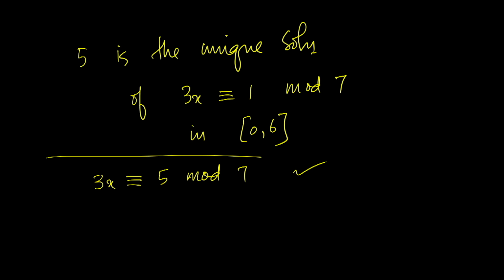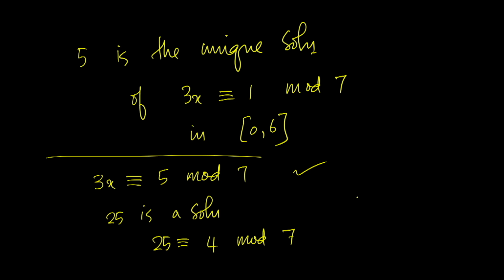Since 5 is a solution for 3x is congruent to 1 mod 7, 5 into 5, 25, is a solution for 3x is 5 mod 7. But 25 is 4 mod 7, 21 plus 4.